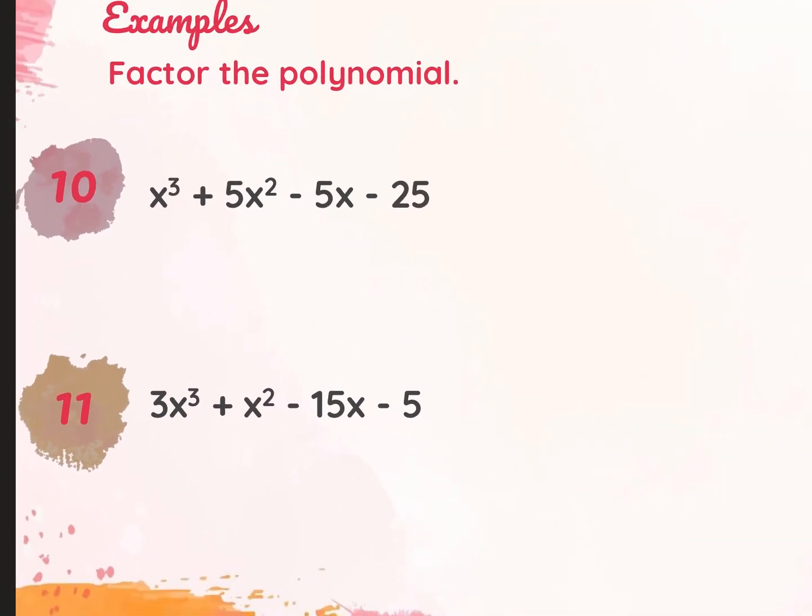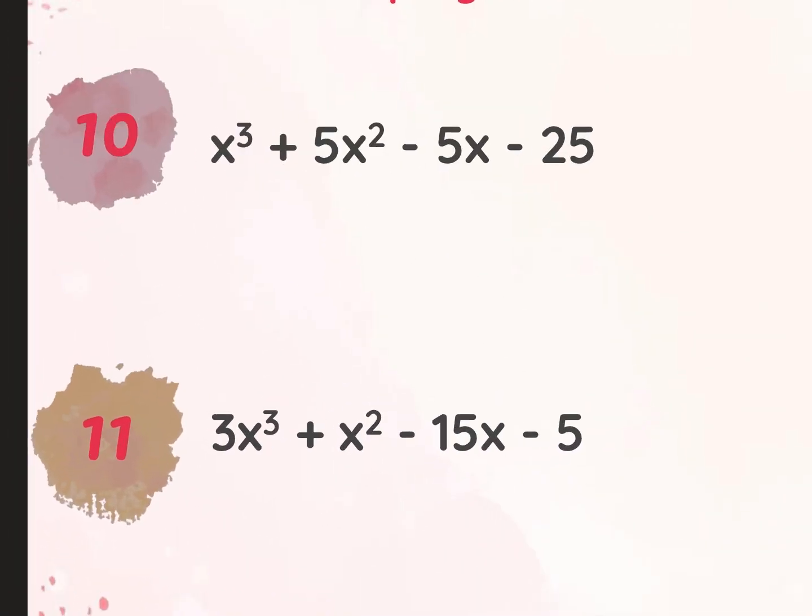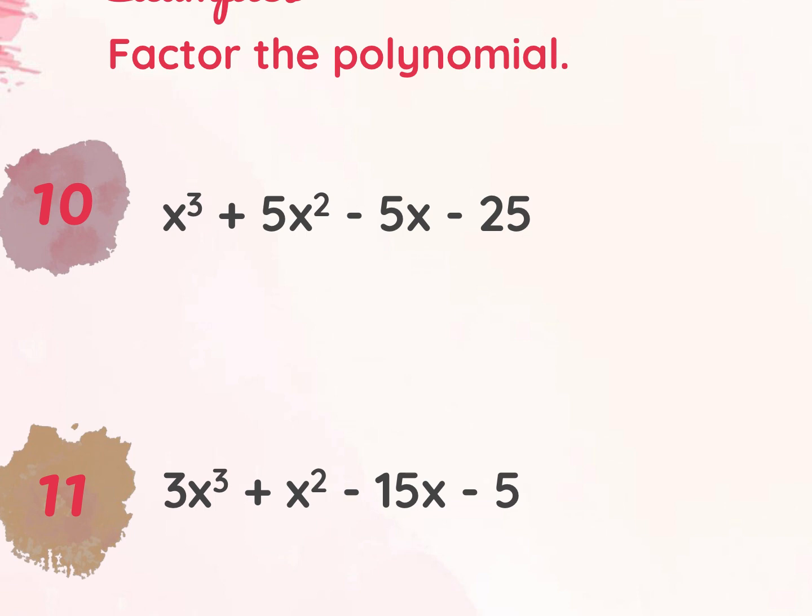All right, again, we're going to do this quickly. 4 terms, no GCF, correct? Okay, so take the first 2, second 2, leave that negative inside that parenthesis. What can I take out of the first set of numbers? My first parenthesis. X squared, good. I'm going to take out the x squared. I'm left with x plus 5. What can I take out of negative 5x and minus 25?